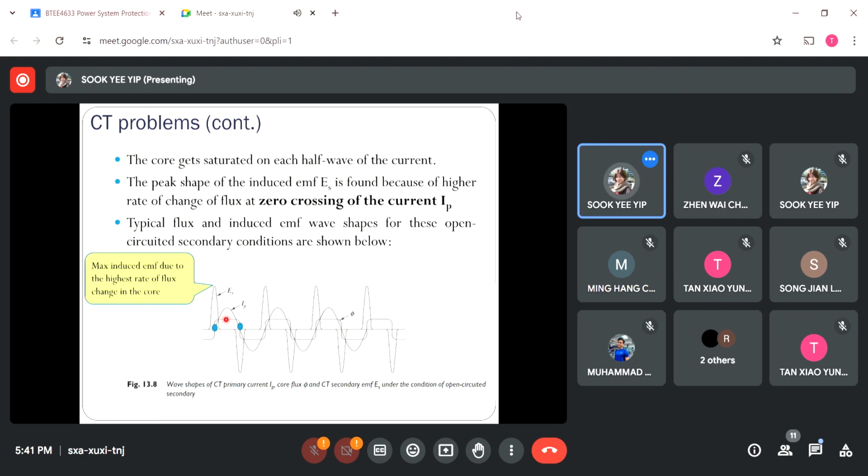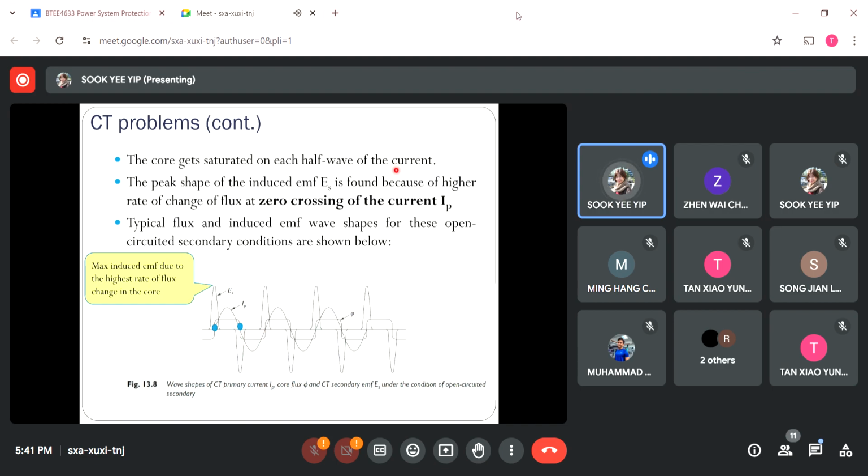And this is the flux being generated within the core. You'll notice that whenever the current reaches zero, we have maximum high voltage induced due to the high flux generated at the core. Which means the core will go into saturation mode every half cycle of the current waveform.